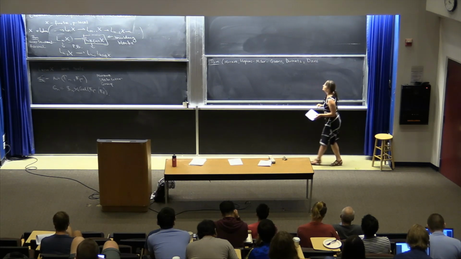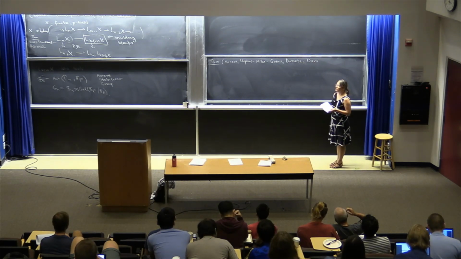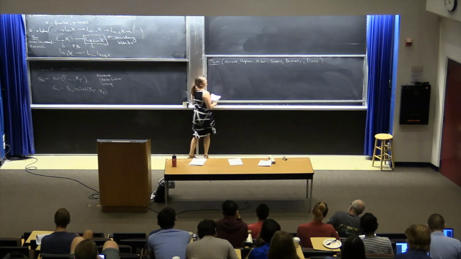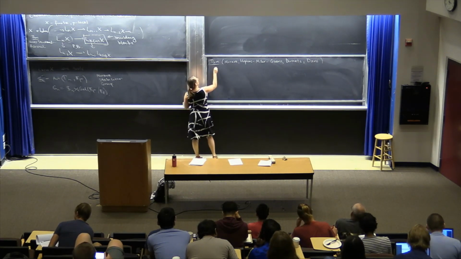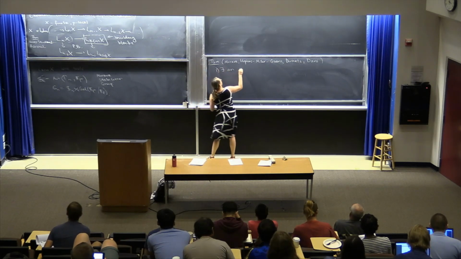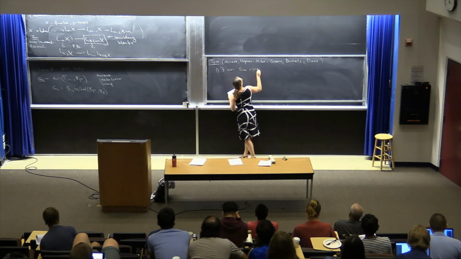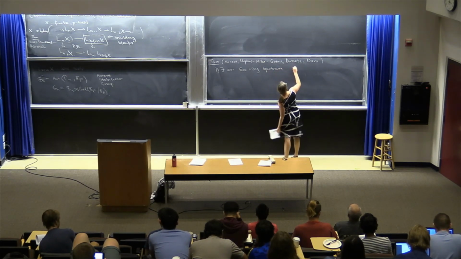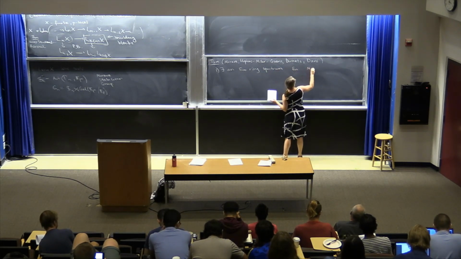Daniel Davis. And yes, did I forget someone? All right, so fix the prime p. Then there exists an infinite ring spectrum E_n, called Morava E-theory.